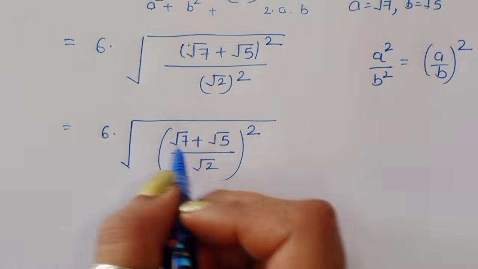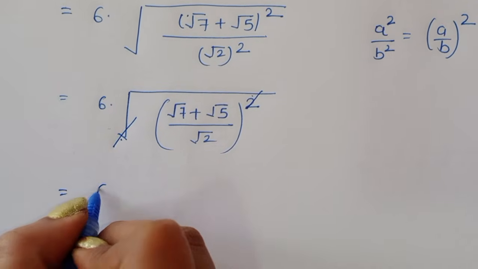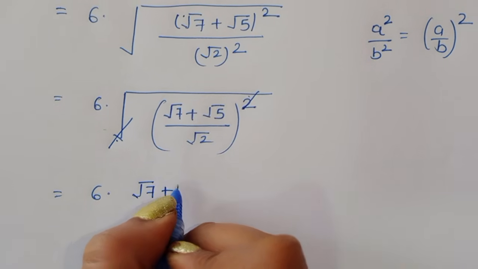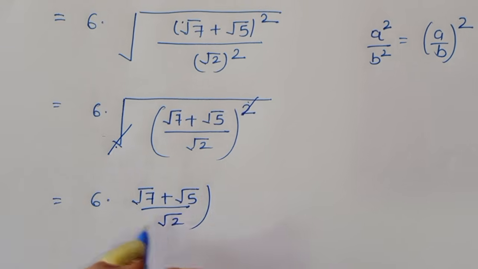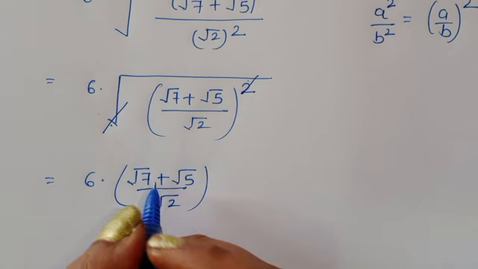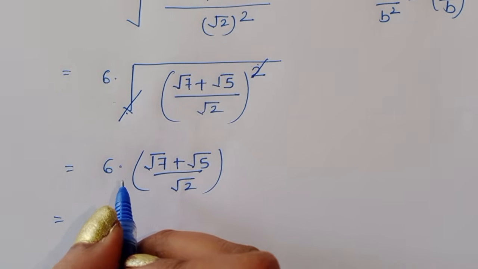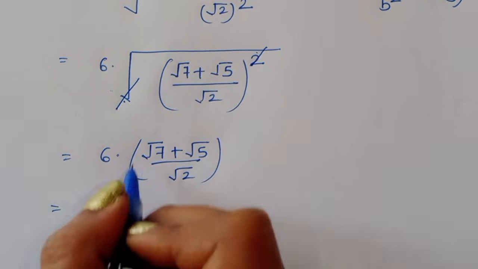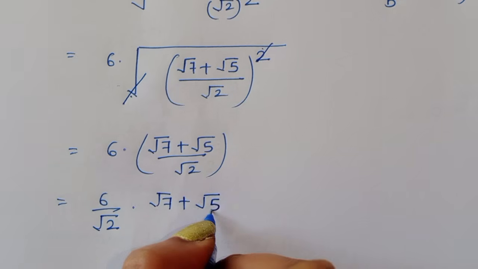So the square cancels the square root. Now it is 6 times square root of 7 plus square root of 5 divided by square root of 2. Now we separate a term here, so we write 6 over square root of 2 times square root of 7 plus square root of 5.